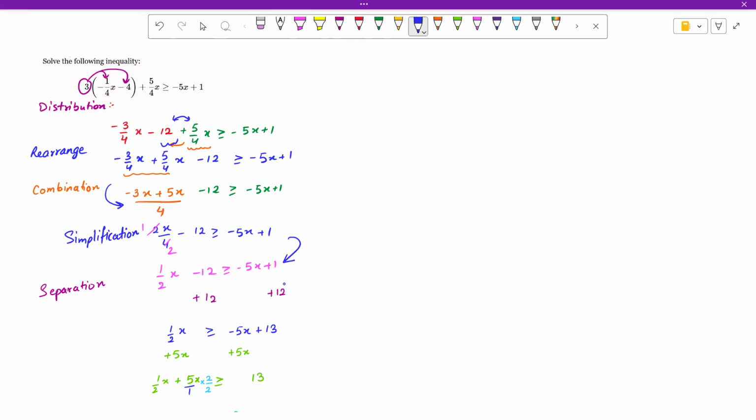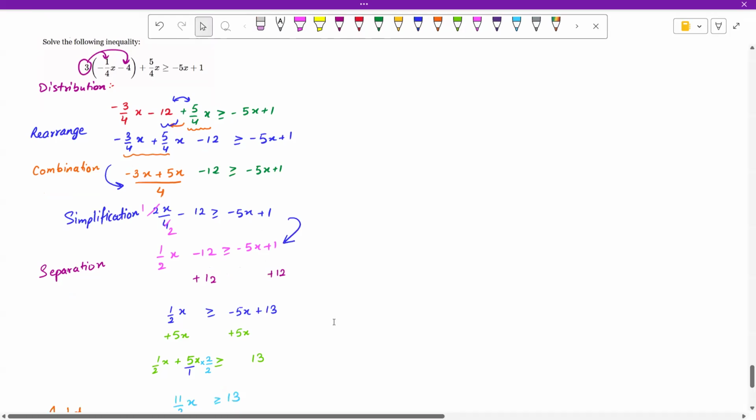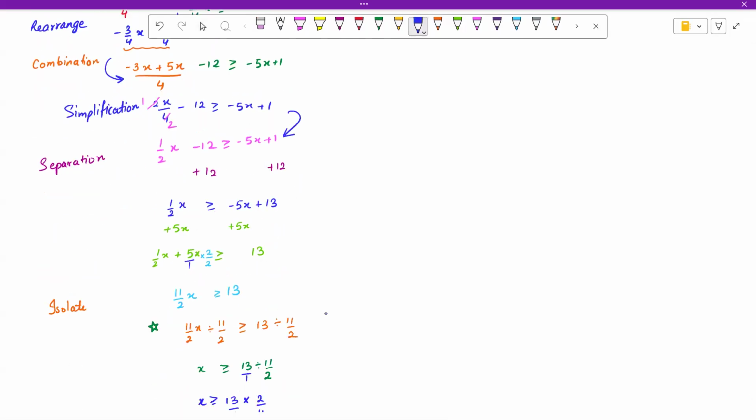Now when everything is solved to the normal type, we have to do the separation. First we separated the constant terms and brought them to one single side.